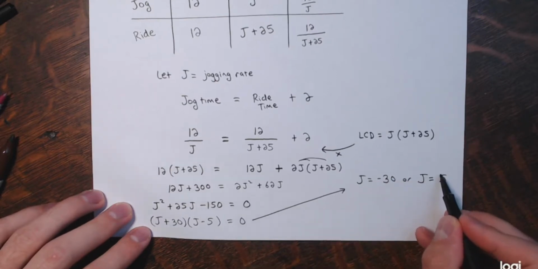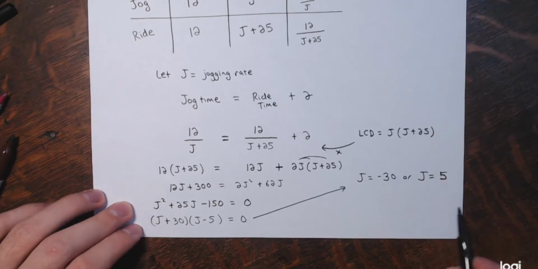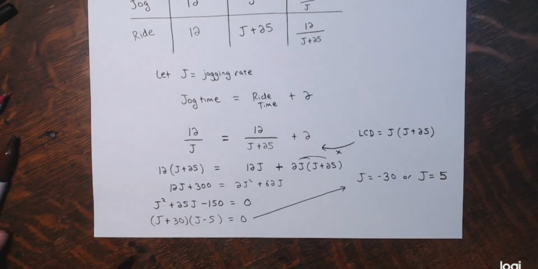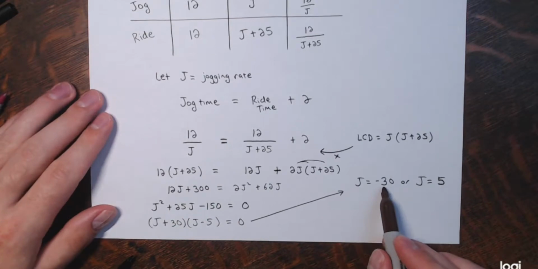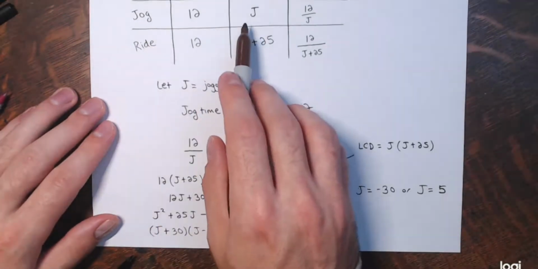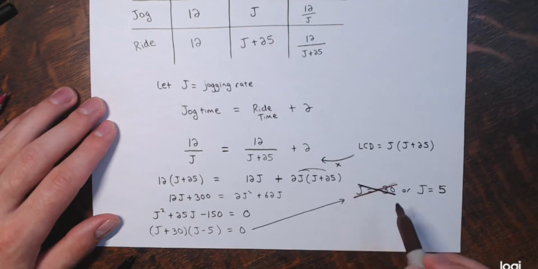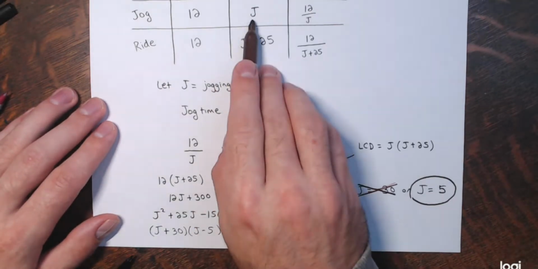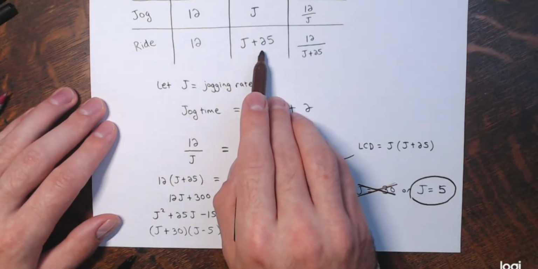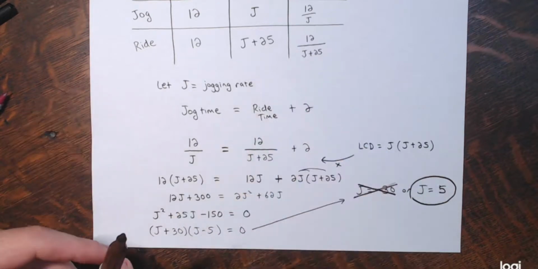And as with all the previous problems, what makes sense? Well, if j were negative 30, that means he'd be jogging negative 30 miles an hour. That makes no sense. There shouldn't be any negative speeds. This makes sense though. J equals 5. He jogged 5 miles an hour and got a ride back at 30 miles an hour.